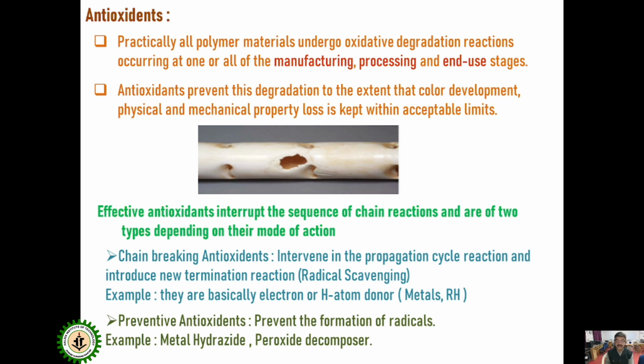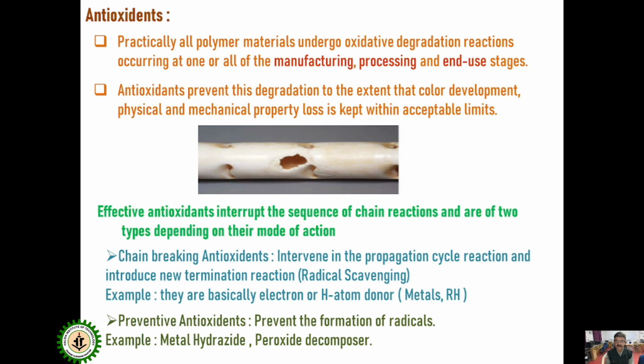But the mechanism is different. There are some types of antioxidants: chain breaking antioxidants and preventive antioxidants. Chain breaking antioxidant means it intervenes in the propagation cycle reaction, because we know the polymerization process has a propagation stage. Once the polymerization starts, it will be further propagated very easily. Similarly, you may consider the degradation process as an anti-polymerization process. There is a role of free radicals.